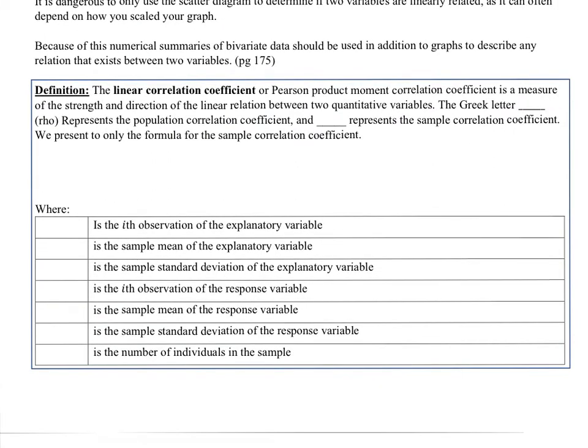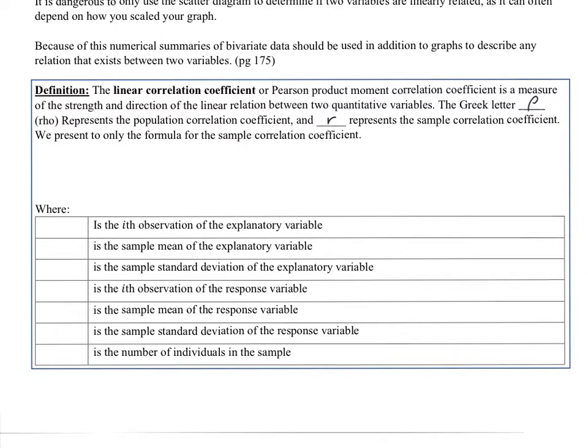So by definition, the linear correlation coefficient, or Pearson product moment correlation coefficient, is a measure of the strength and direction of the linear relation between two quantitative variables. The Greek letter rho, kind of looks like a P, represents the population correlation coefficient, and r represents the sample correlation coefficient. Once again, we're looking at population versus sample.